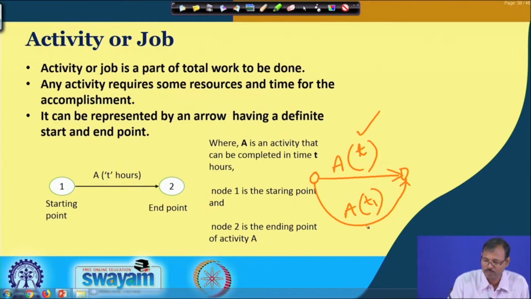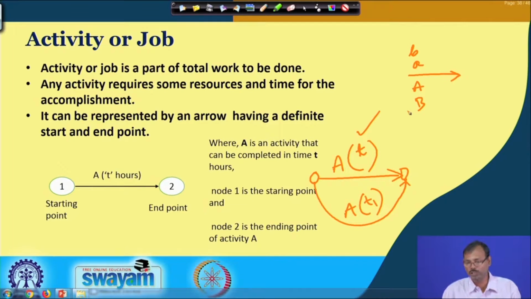That means an activity is represented by an arrow, and the name of the activity is placed on it, whichever symbol you are using.